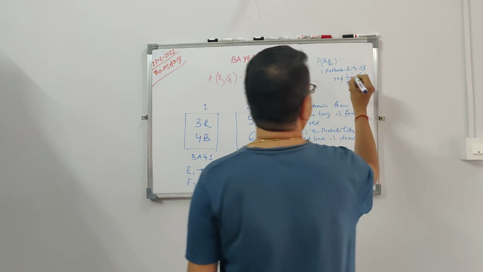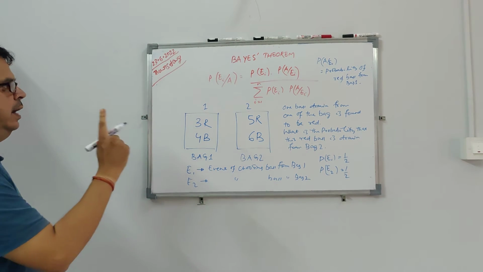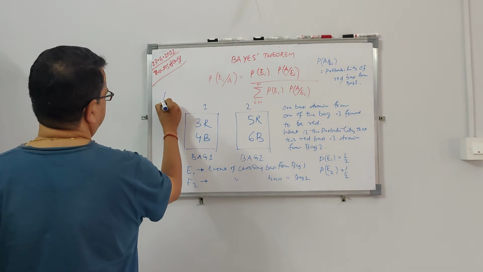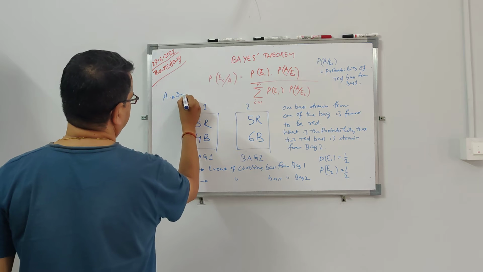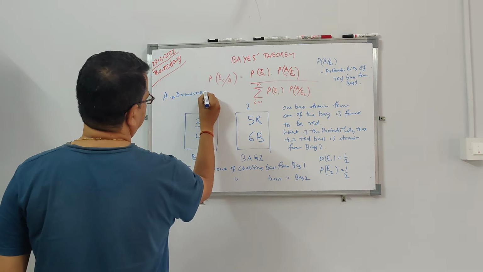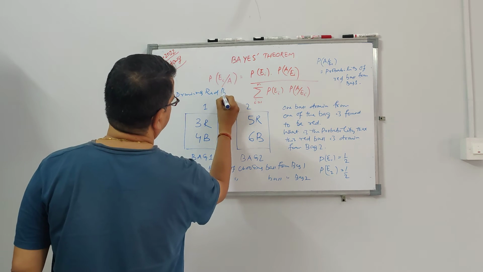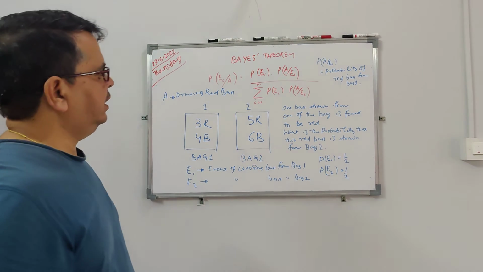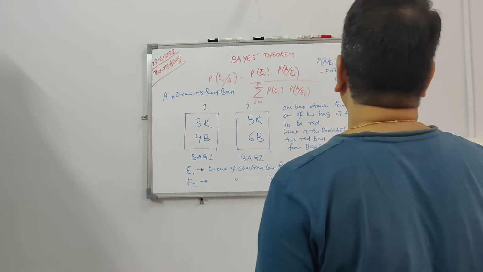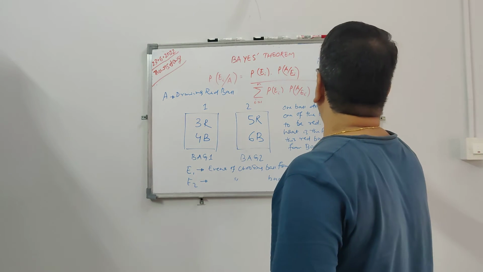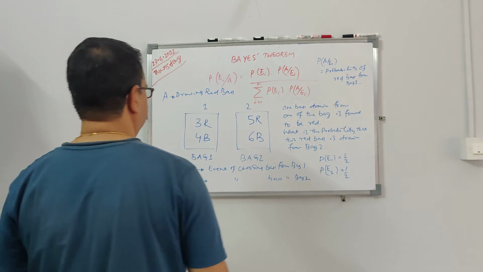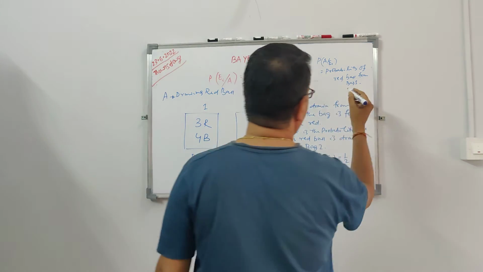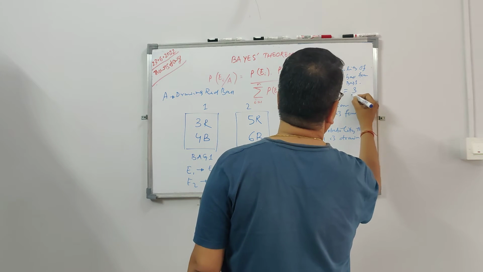That means it's a conditional probability, where A is the event of drawing a red ball. So what is that probability? It is 3 by 7, because there are 3 reds and a total of 7 balls.